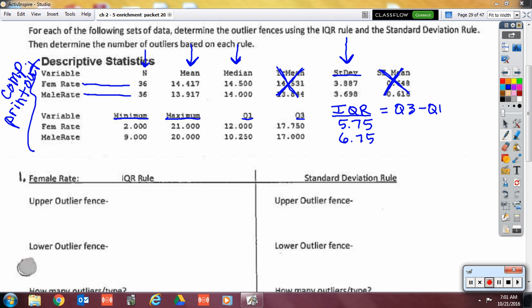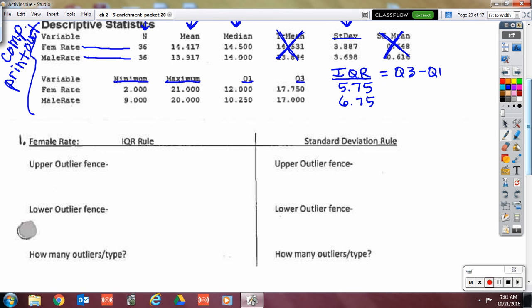I'm going to do one of these items with you, and then you will do the other three sections. So the first section that we're going to do together is this female rate. So we want to look at the female numbers, and we want to do the IQR rule. I'm going to write our formulas in here that we are going to need for our upper fence and then our lower fence.